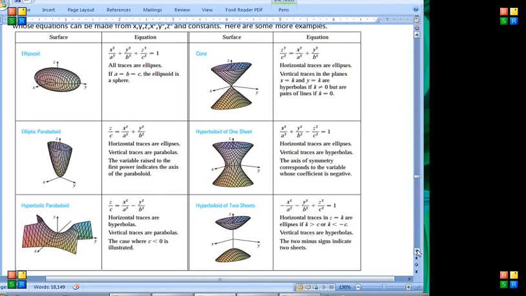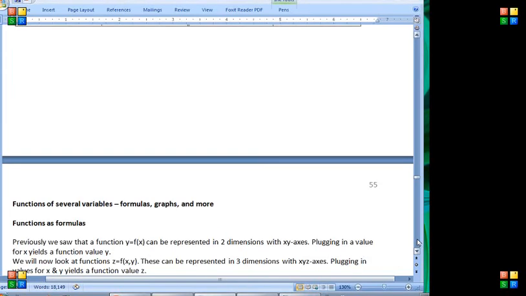I noticed that you call them horizontal traces or vertical traces. So what we've seen so far are just examples of all different kinds of surfaces in 3 dimensions, where you simply have some equation in terms of x, y, and z. What we're going to look at now is functions.